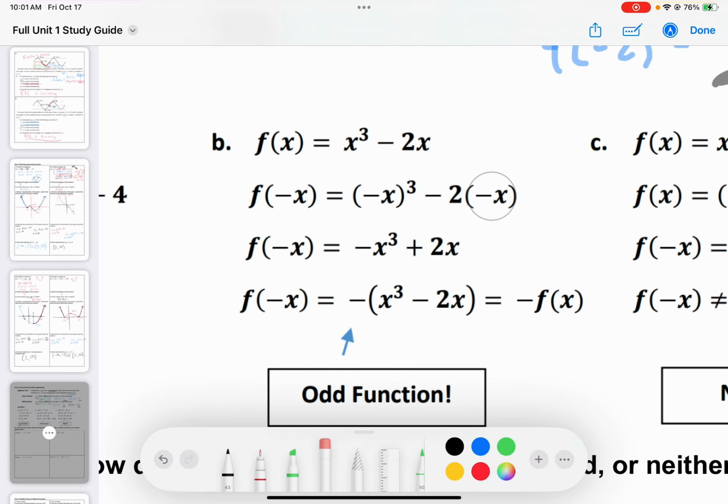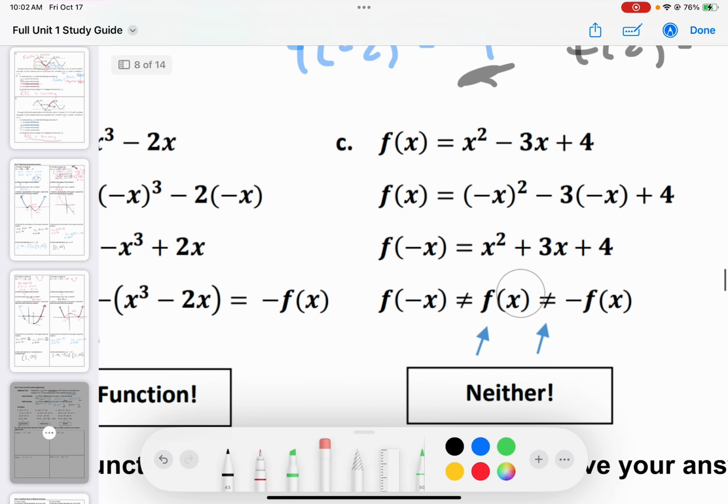We get negative x cubed plus 2x. Factor out the negative. We get negative x cubed minus 2x. So this negative factors out. It's the opposite. Okay? Neither happens then.